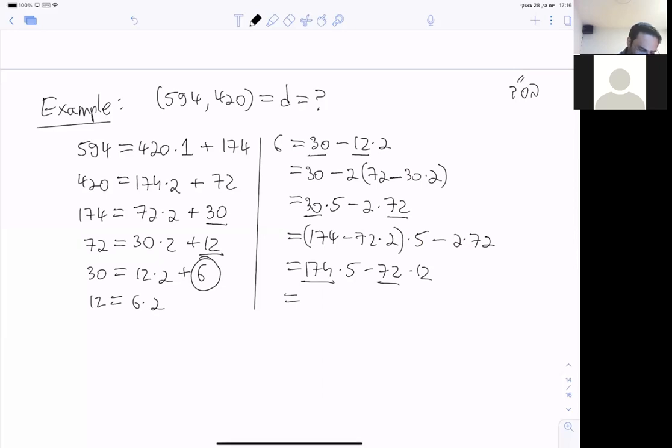So we have this remainder and this one. So we go to the 72. Instead of 72, we write 420 minus 2 times 174. Okay, this is 72.